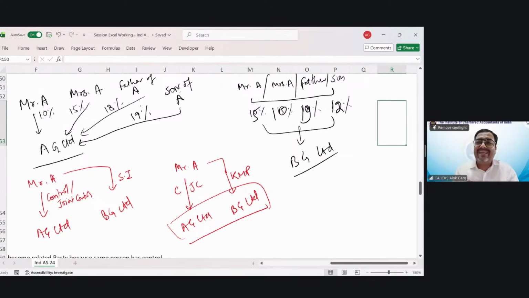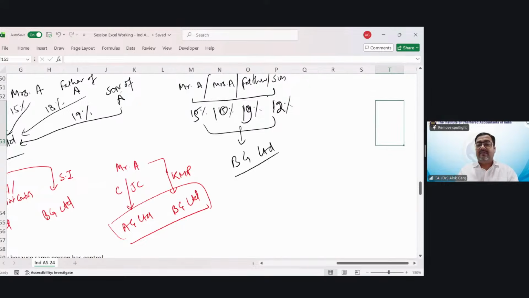So Mr. A and his relatives jointly hold 62% in AG Limited. So is Mr. A, combined with his family, holding a controlling stake in AG Limited? Yes, he is holding a combined stake in AG Limited.